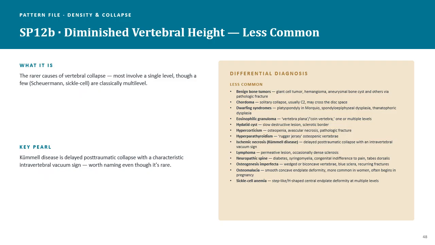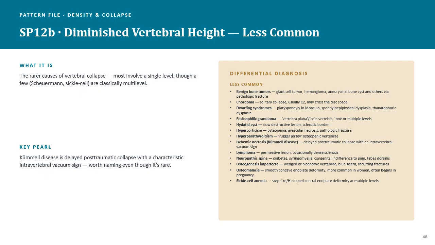Some other conditions you might recognize from earlier might be sickle cell disease. We already know it can produce that H-shaped vertebrae because the center of those end plates becomes depressed. There are other developmental conditions that can cause this loss of height. Eosinophilic granuloma can produce that flattened vertebra, the vertebra plana.